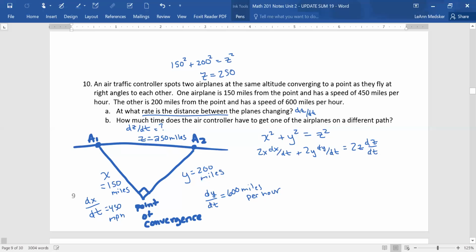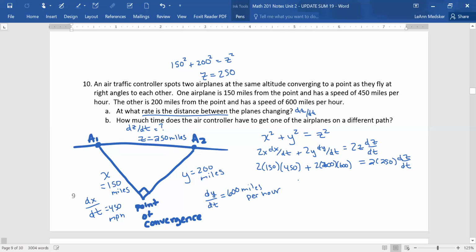So notice the one we're missing is over here. So I know that this is 2 times 150 times 450 plus 2 times 200 times 600, and then this is 2 times 250 dz dt.